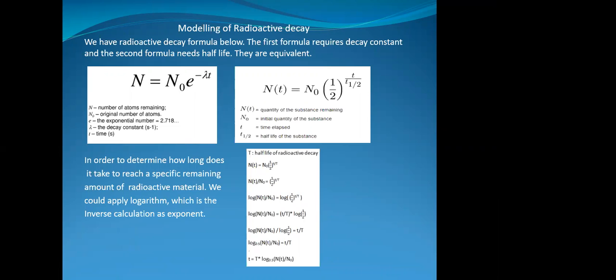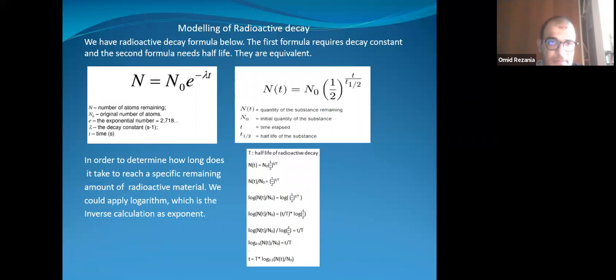The first formula shows the decay constant. N means the number of atoms remaining, and N0 means the original number of atoms.